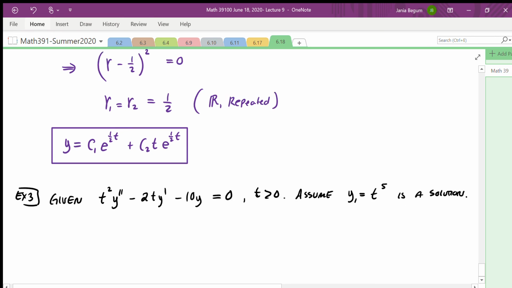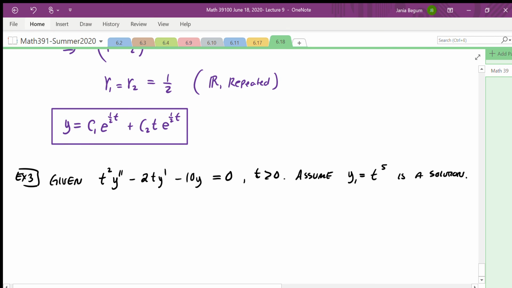Okay, and find another linearly independent solution.